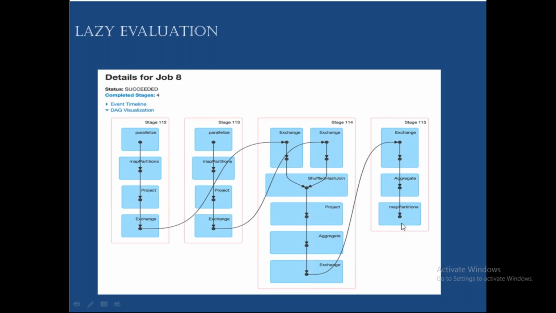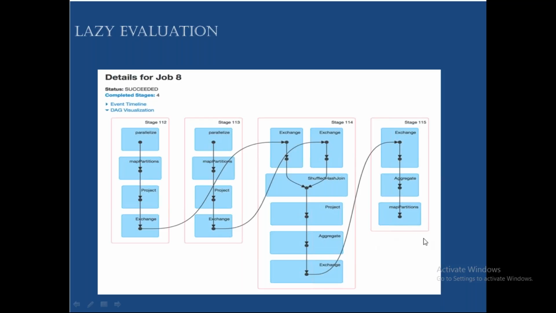But ultimately, when you say dot collect, then it will start: read these two files, then apply this transformation, then join these two tables, then apply some aggregations. Then it will show the result. If you're not executing these steps, it will just remember and will not execute any of this.